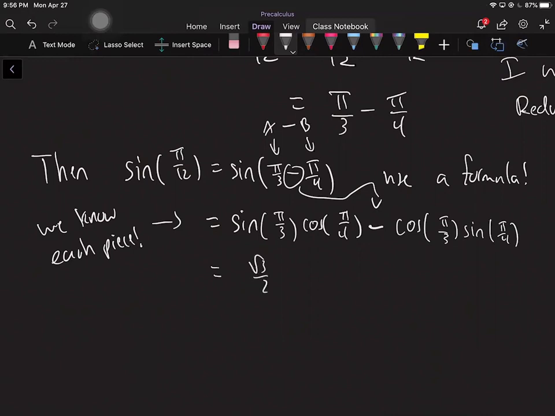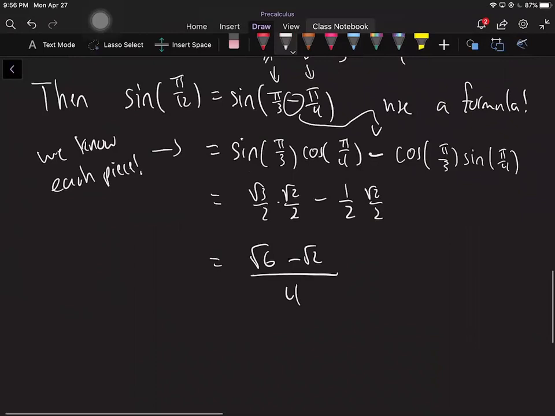Cosine of pi over 4 is root 2 over 2 minus, okay, cosine of pi over 3, that's a half, and sine of pi over 4 is root 2 over 2. And then you simplify a little bit. So root 3 times root 2 is root 6, and then you multiply the 2's to get 4, and then you stick the denominators together, or not, the denominators are common, so you can just add them up like that, and there you go.